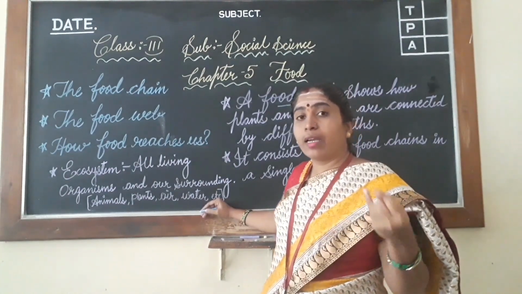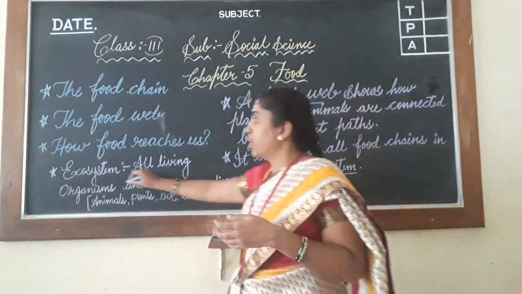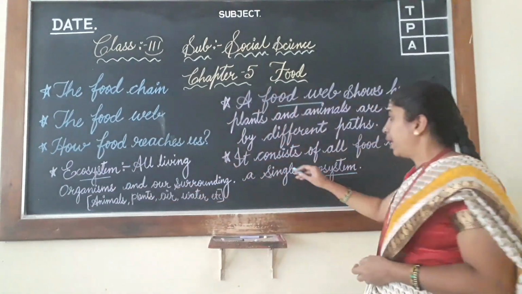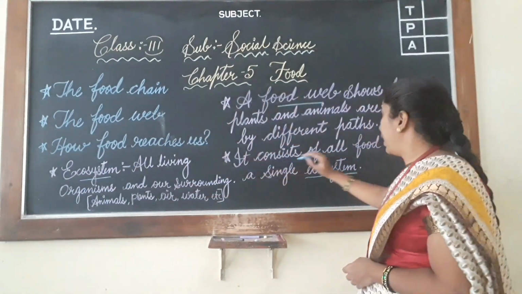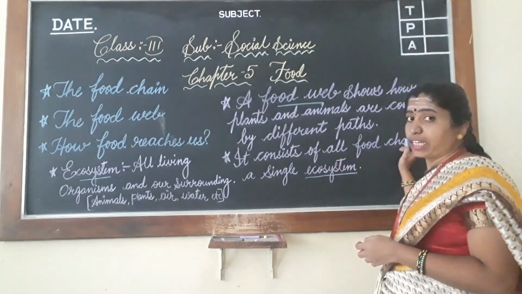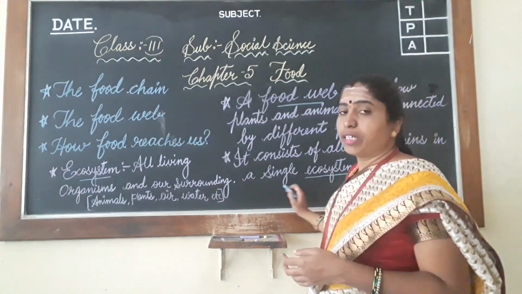Okay. Then carbon dioxide, oxygen. These all consist of our ecosystem. So here the food web consists of all the food chains in a single ecosystem. That is called food web, children.